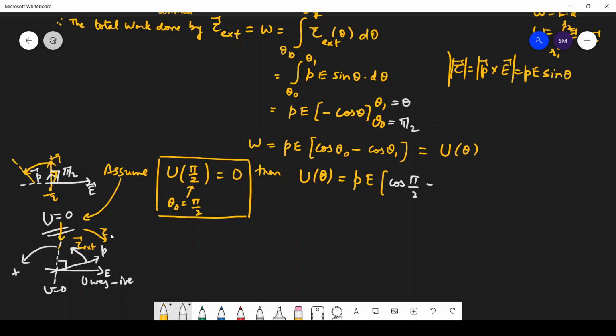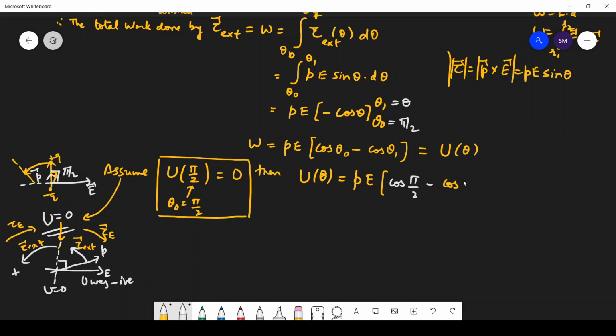This was the direction of tau electric, the conservative force. When I work against a conservative force, the potential energy increases, it reaches 0, and it is further increasing, because this is tau external and this is tau electric field. So students, understand this concept. It is very easy to understand, not that difficult.